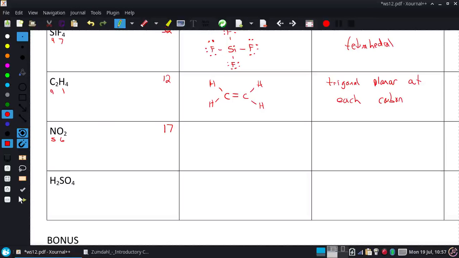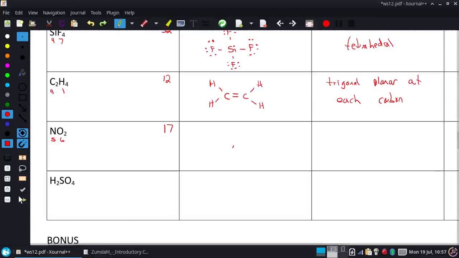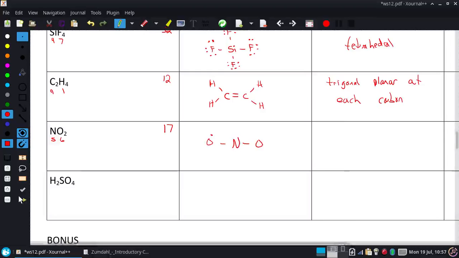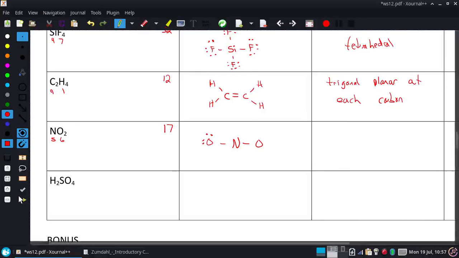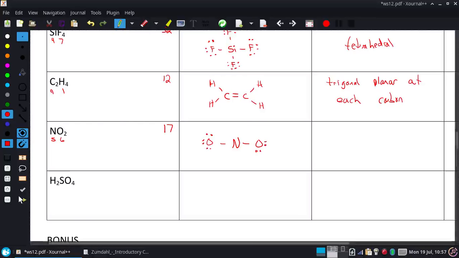Because no matter how I do it, I'm going to end up breaking the octet rule with an odd number of electrons. All right, but I'm going to start this by putting the nitrogen in the middle and having an oxygen on either side. 2, 4, 6, 8, 10, 12, 14, 16, and I'll put the last one there.